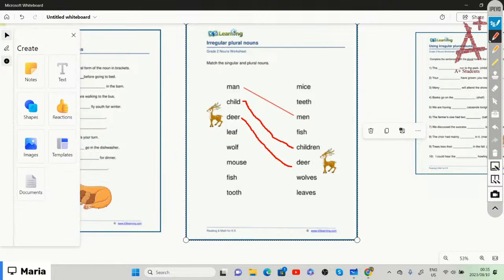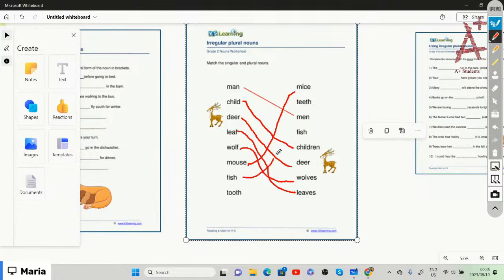Leaf, one leaf, and then we have more than one, leaves, and then one wolf, and then wolves. Mouse, and then we have mice.